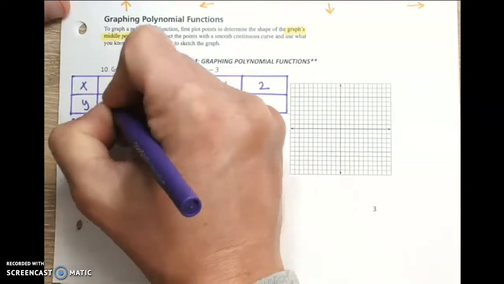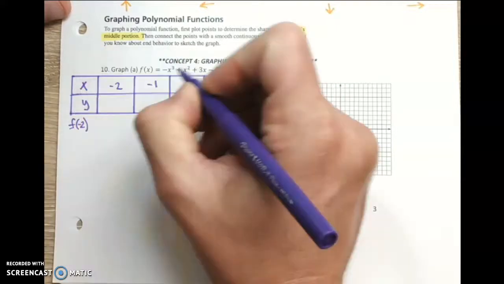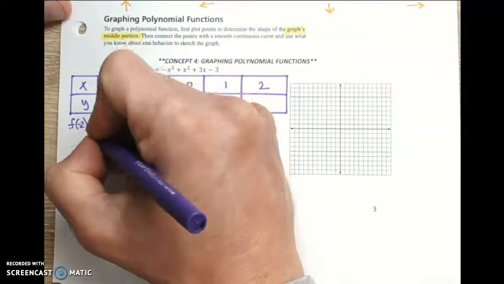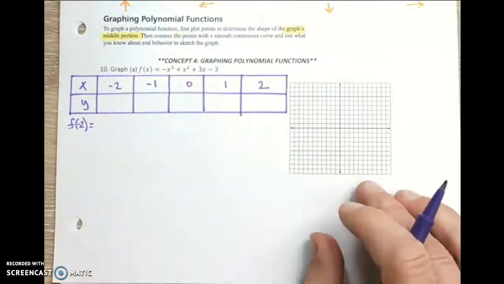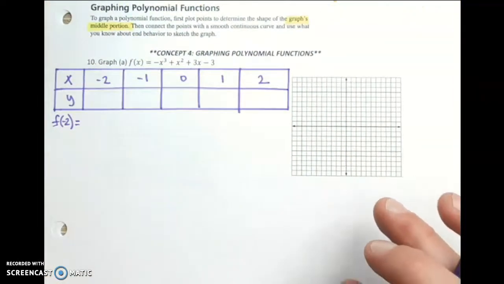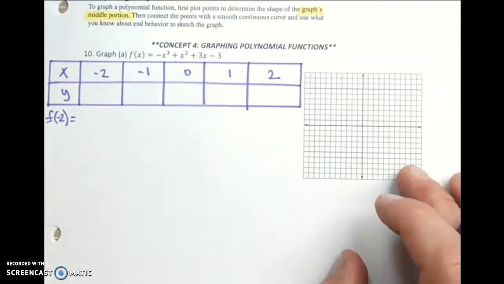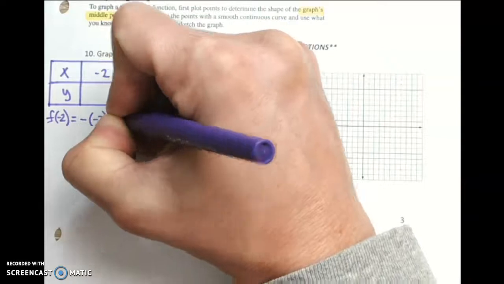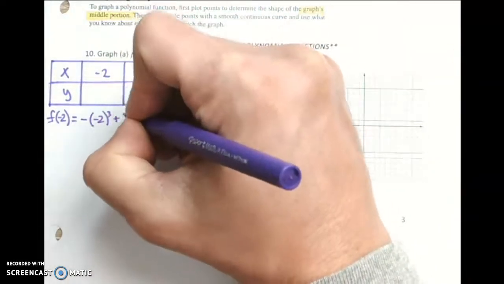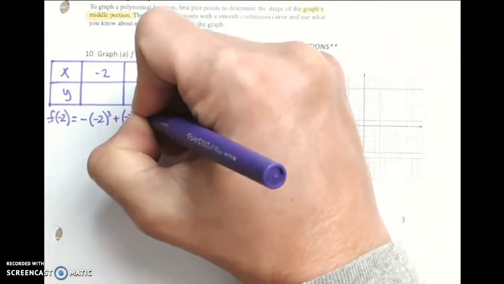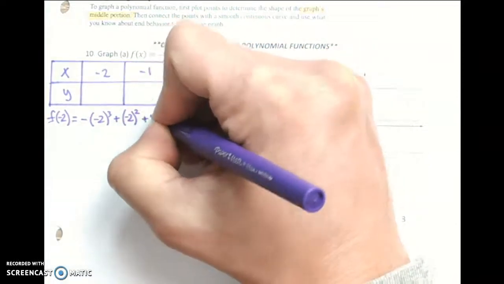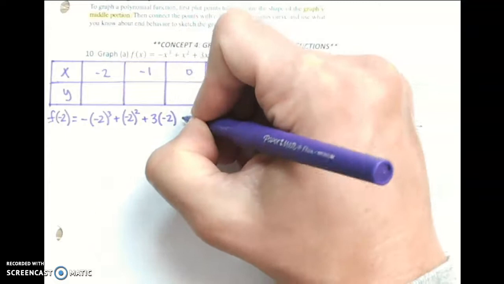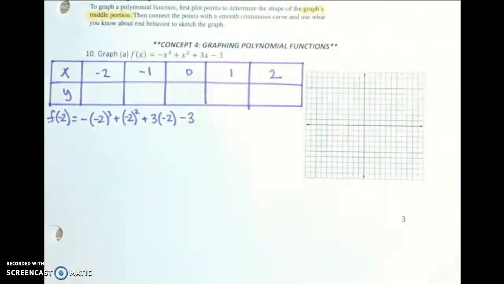I have f of -2, and I'm going to put -2 in for our x's here. So I get equals, let's see if I can make it a little bigger, the opposite of -2 cubed plus -2 squared plus 3 times -2 minus 3.